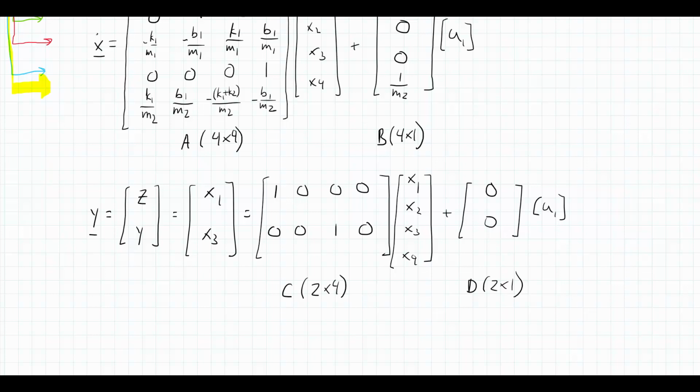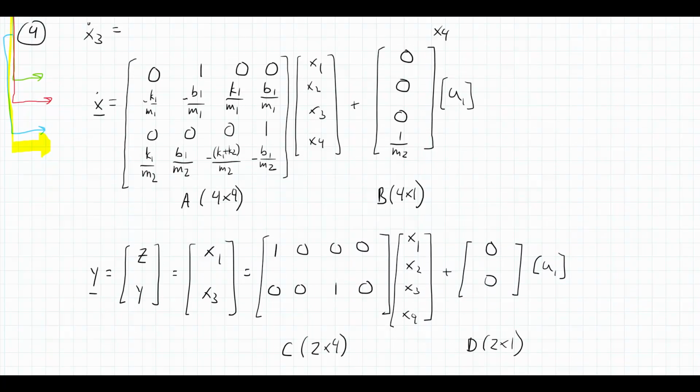So again, we want to pay attention to the size of C and D to make sure that the linear algebra works out: C is 2 by 4, and D, even though it's a zeros matrix, still needs to be sized appropriately so that I get the right linear algebra calculations when I actually do the calculations later.